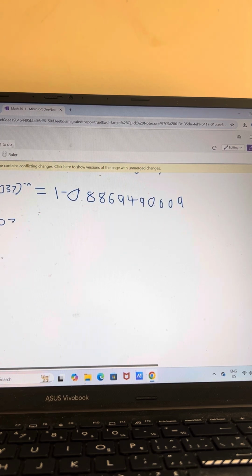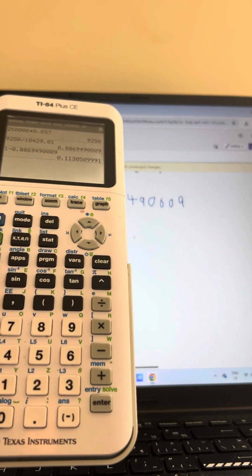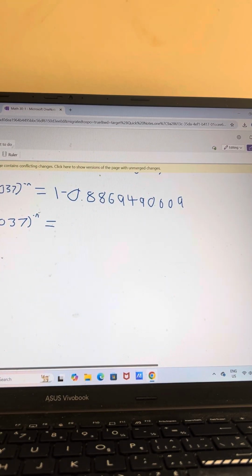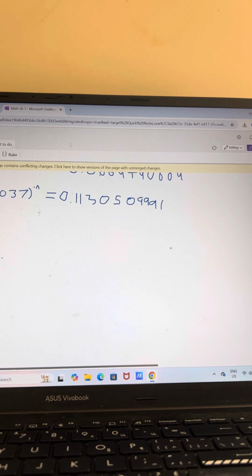We can simplify this even more. Here's what we're gonna get: 0.1130509991.